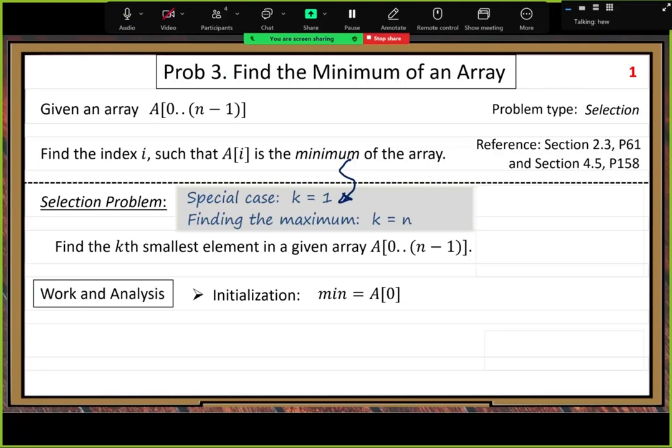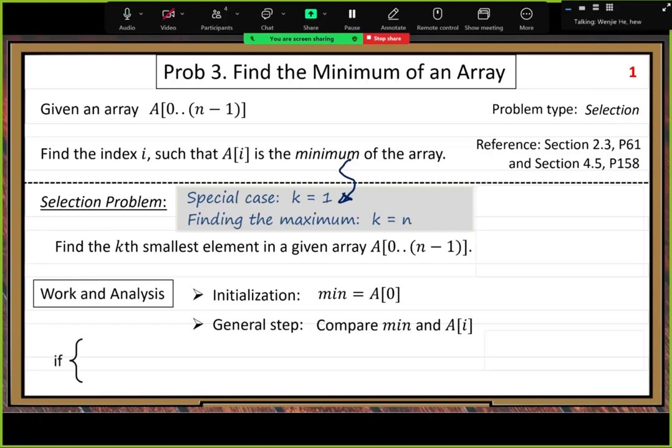The general step: every time we compare the value stored in the min variable with the current element, A of I. We go through all the elements in the array in natural order.